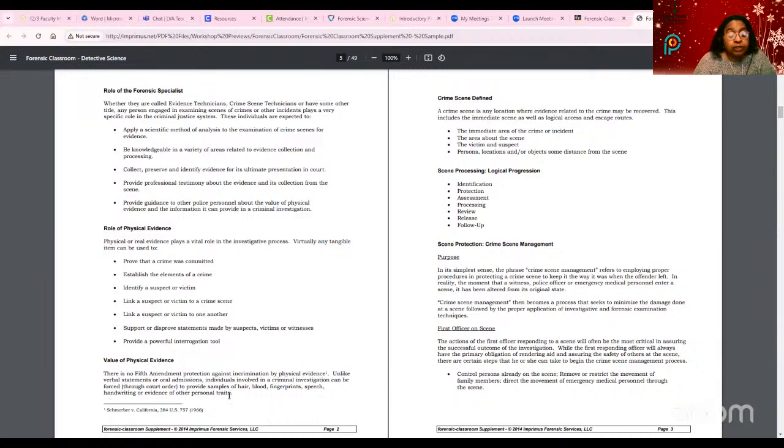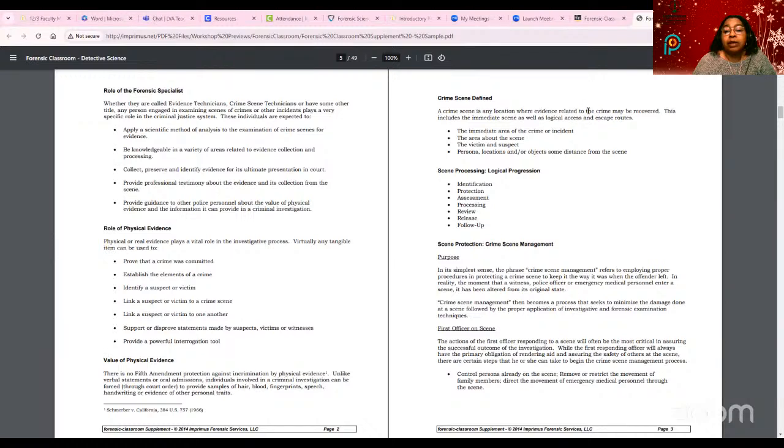Okay, so you need to remember that they can refuse to talk to you. So that's your Fifth Amendment right, but that doesn't protect them against providing evidence. Okay, they need to be able to dispute the evidence. They can say whatever they want to say, but if the evidence says otherwise, there's no Fifth Amendment rights against that. Okay. All right.